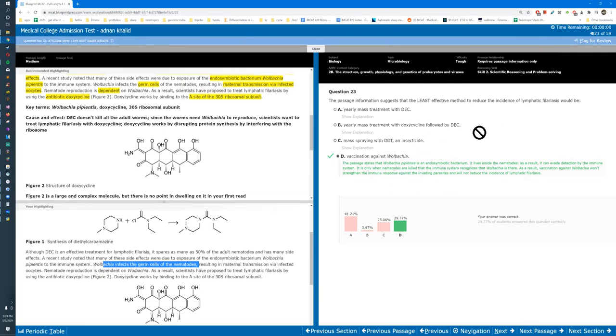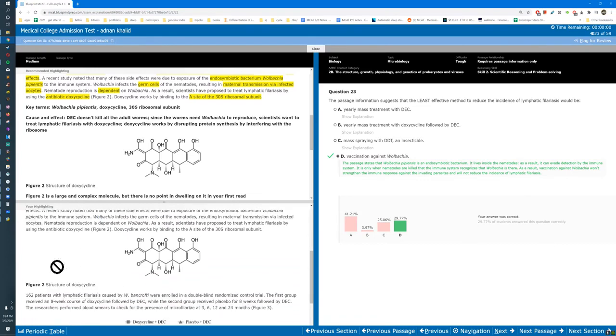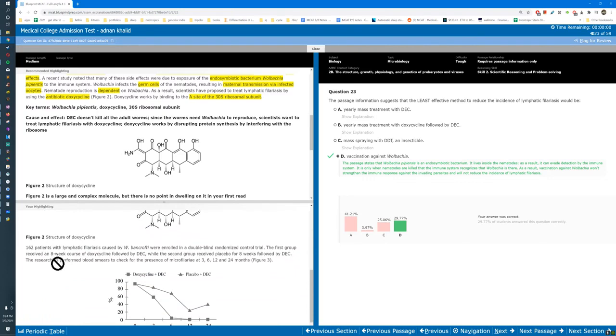Lymphatic filariasis. Okay, this lives in nematodes. Evade detection by the immune system. Only when the nematodes are killed does the immune system recognize Wolbachia is there. So it infects the germ cells of the nematodes, and then somehow we get the nematode eggs in us, I suppose, and then we get messed up.